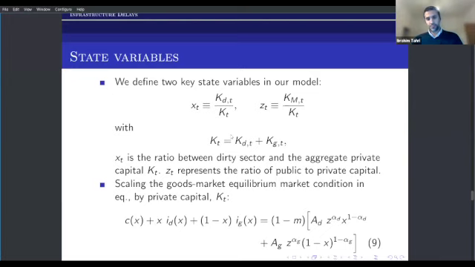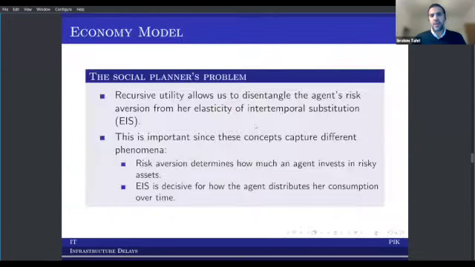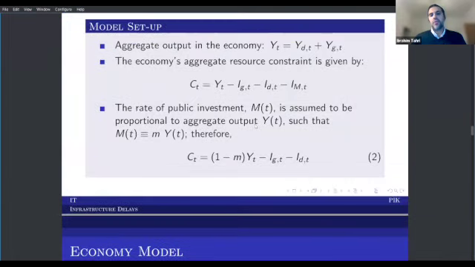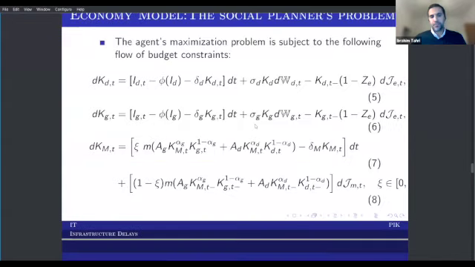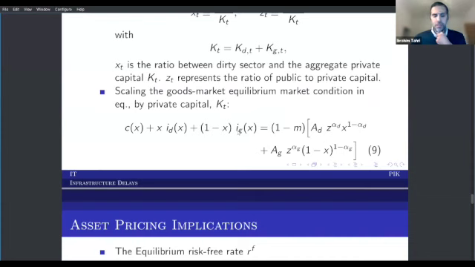So from there, of course, from the aggregate consumption we showed above in equation 3 or 2, if I divide everything by private capital, then I obtain the following equation.